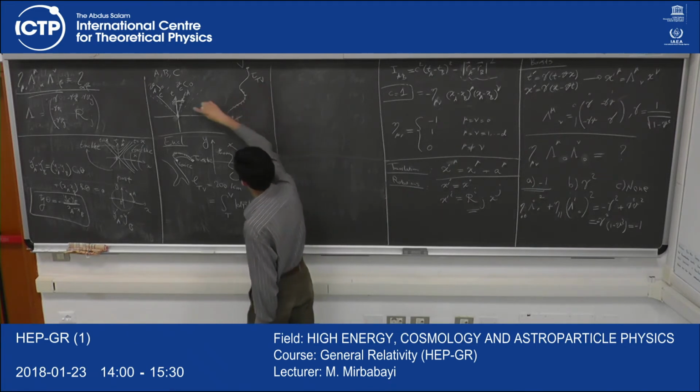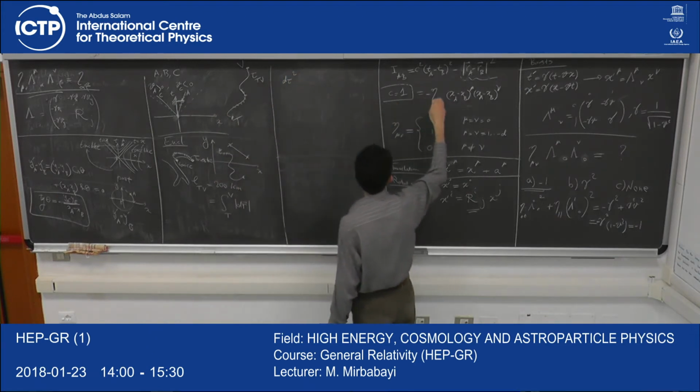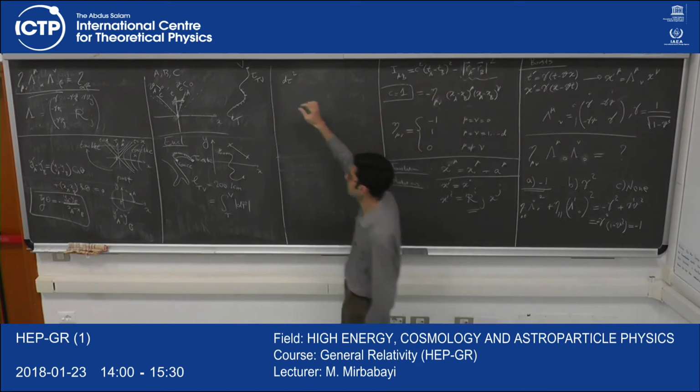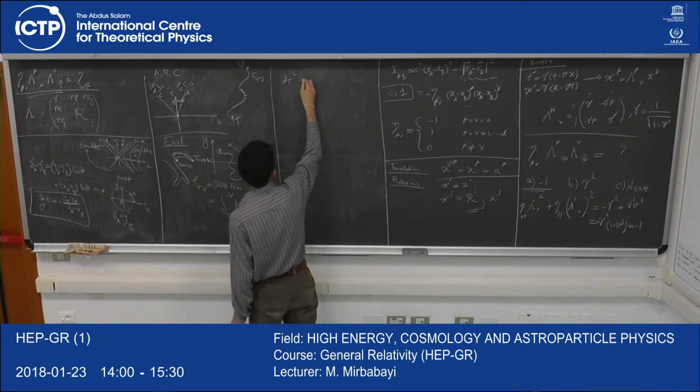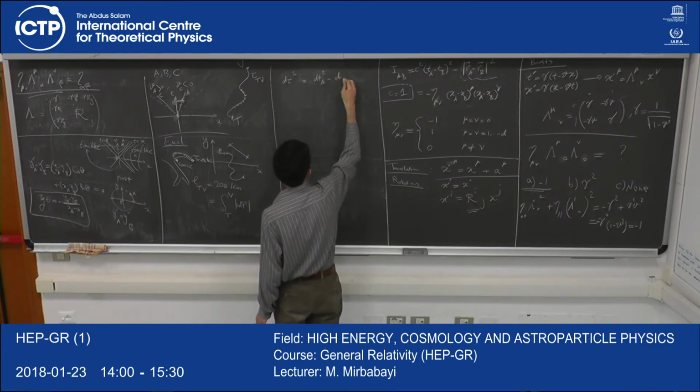So let's look at one of these small pieces. That d tau squared is just given by this formula for some little piece in here. And that is equal to what? It is dt_a squared minus dx_a squared.